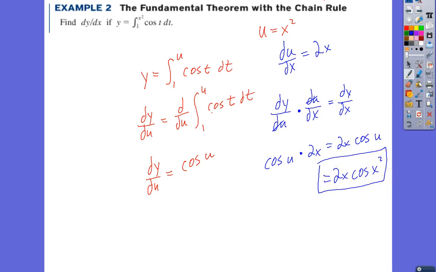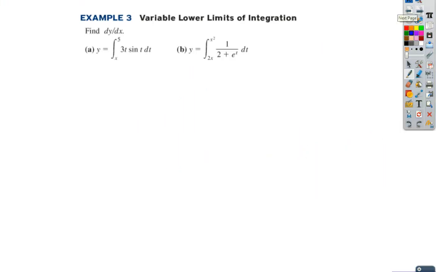Okay, let's see what we've got next. I want to do this one. Letter A is fairly straightforward. Here, the x is not on top and the number is not on top. I can flip those, but what you have to remember is that when I flip them, this is now going to be the negative integral from 5 to x of 3t sine t dt.